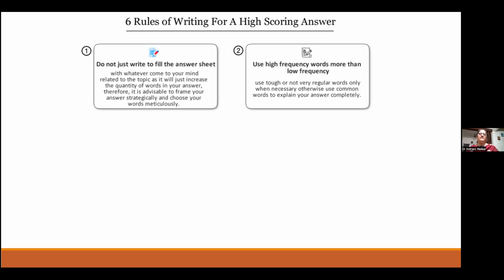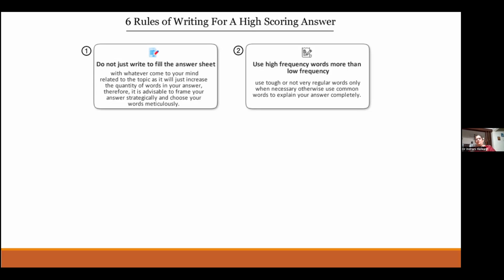So first thing is, do not write answers telling that I have written 10 pages, 15 pages. Many students come and tell outside that whatever number of blank pages they gave, I have filled everything. You filling the number of pages is not what matters, but what is inside that matters.